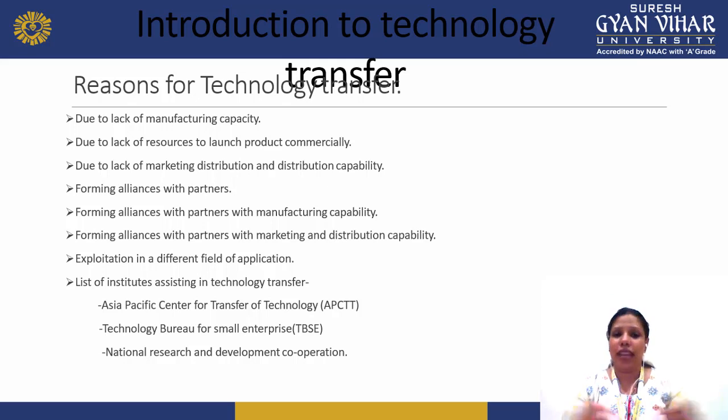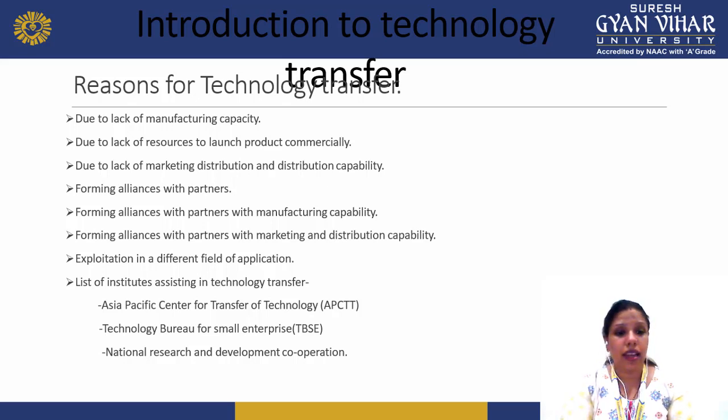If the company is making an alliance with another company, they can transfer their technology to each other. In simple words, forming an alliance and partnership with another company, they can transfer the technology. So this is again a reason for technology transfer.